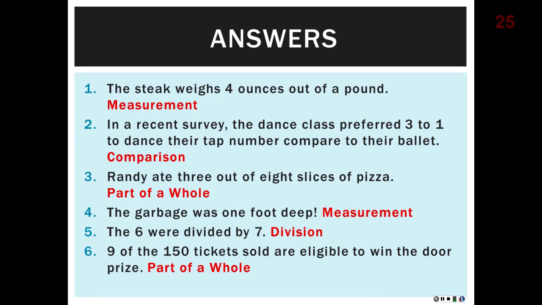Write the number of hits to the total number of bats in a game. What would you put for number 1 there? You're talking about hits to the total bats. Why would you compare that?